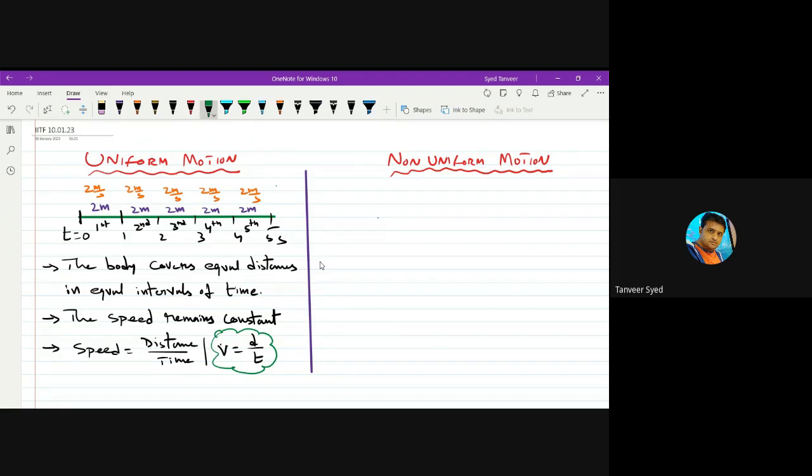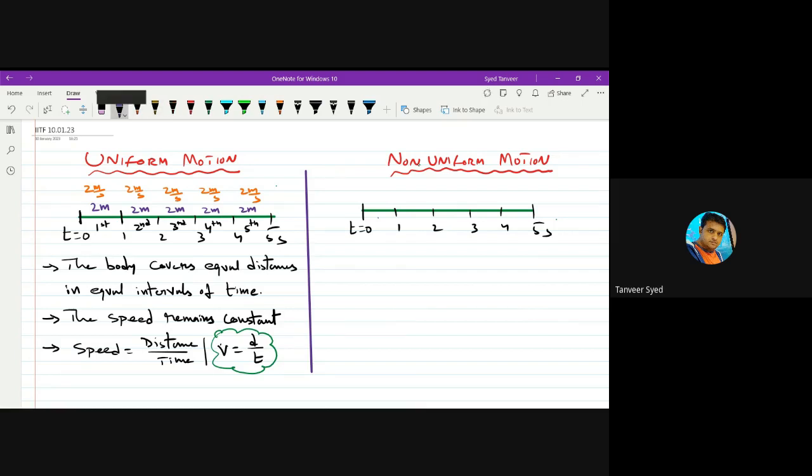Next, this was uniform motion. Non-uniform motion. The body is moving like this. It starts at time t equal to 0 second, moves for 1 second, 2 second, 3 second, 4 second, and 5 second.